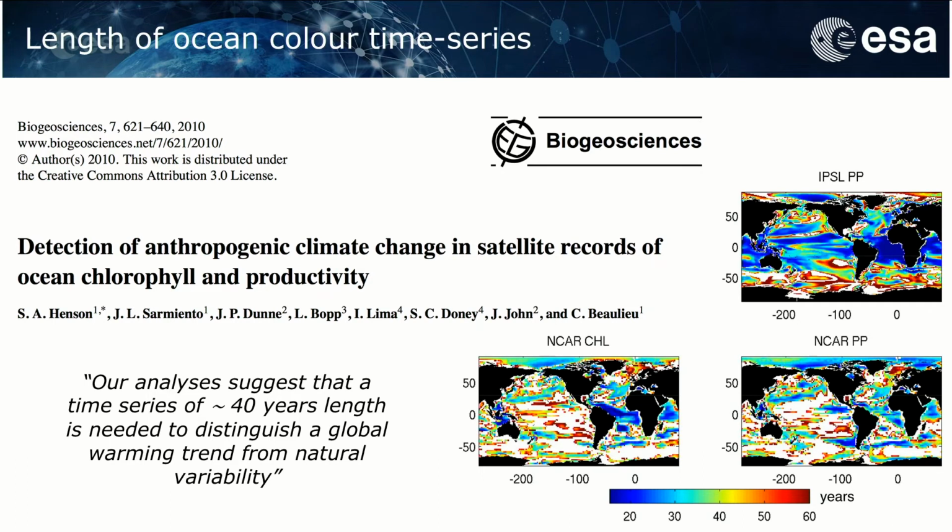And from her analysis, she and her co-authors concluded that we need a time series of 40 years in length to distinguish a global warming trend from natural variability. Now, naturally, these times will vary spatially, depending on where you are in the ocean. So we're approaching 20 years now, and hopefully with the Sentinel time series of data, we will reach this 40-year period.